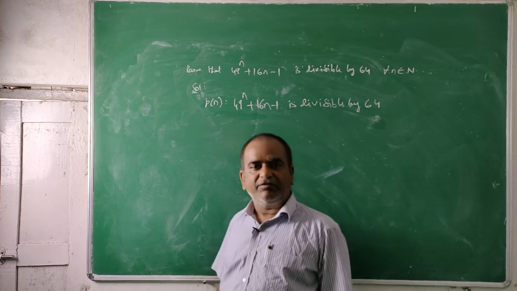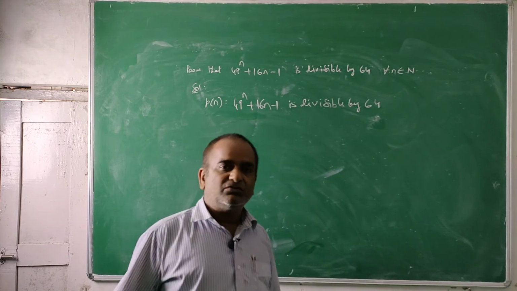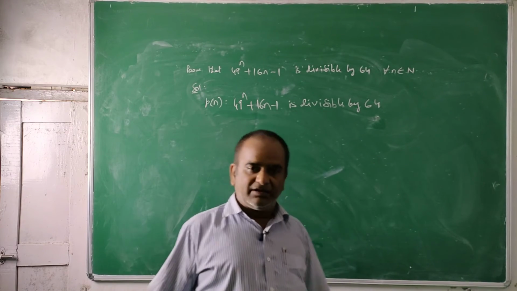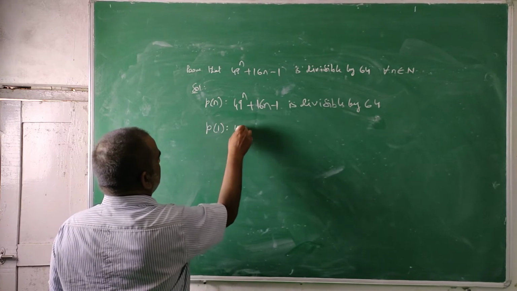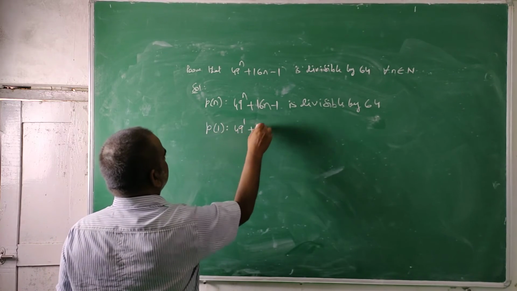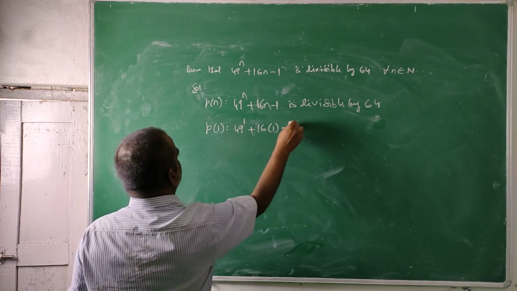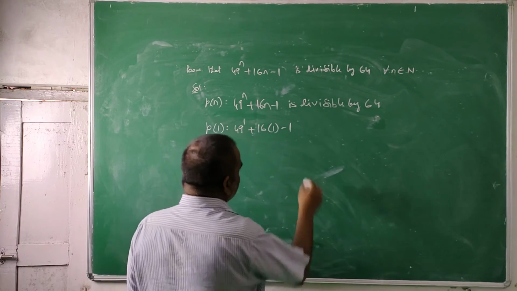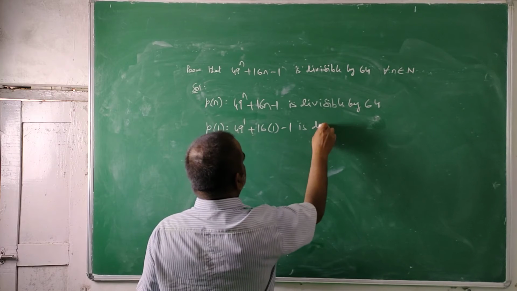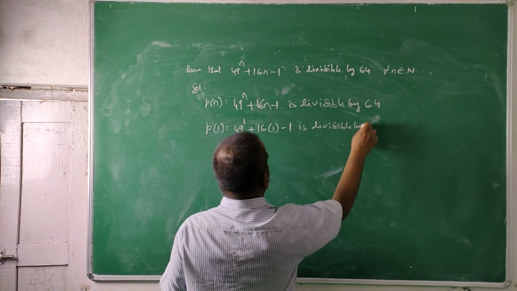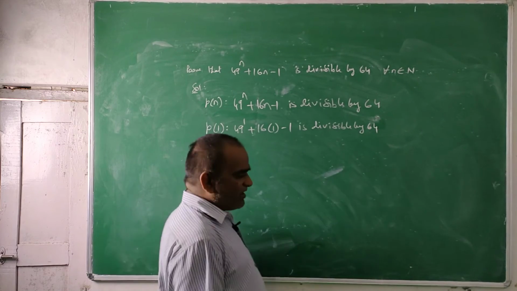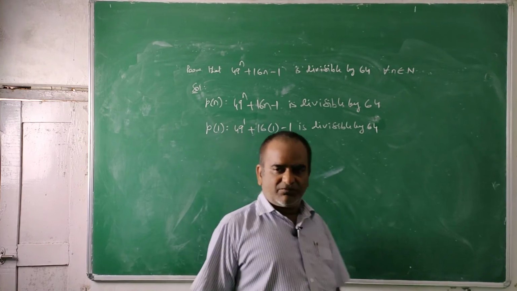Now let us see whether it is true for n is equal to 1. Now P of 1, 49 to the power of 1 plus 16 into 1 minus 1 is divisible by 64. Now let us verify whether it is true or false.